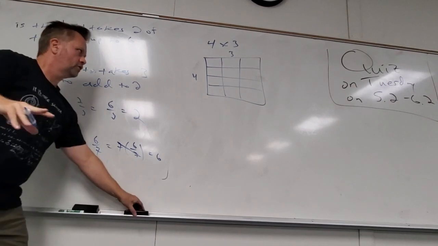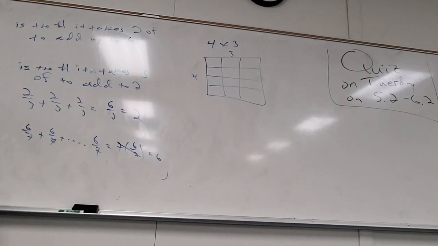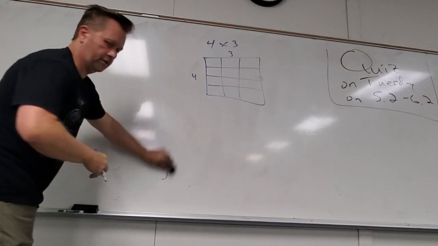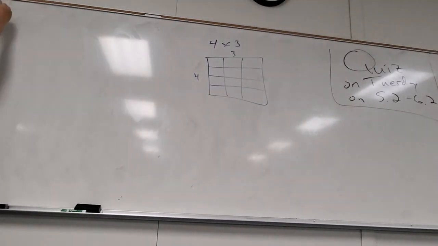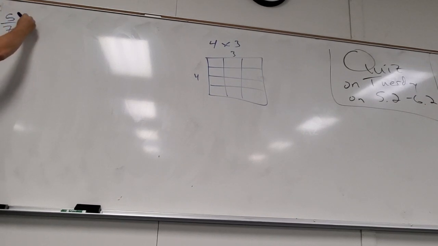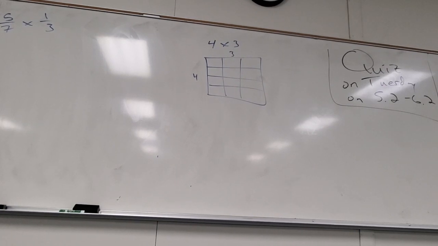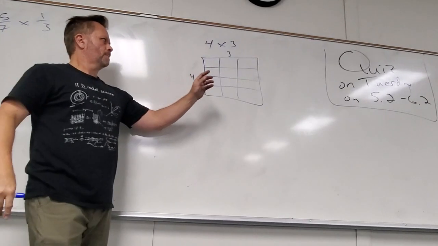So if I go to do something like, believe it or not, 5 sevenths times 1/3, I could do the same thing. Now somebody pointed this out before.